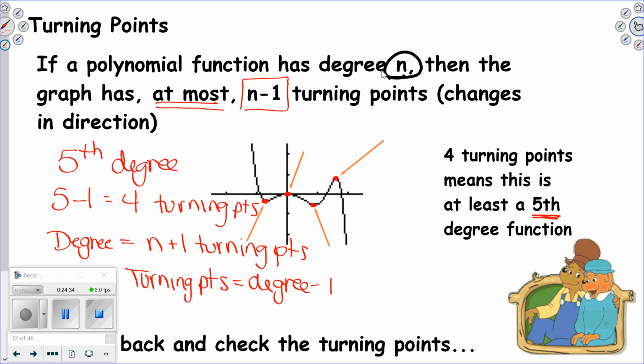If I tell you the degree, just subtract 1 from that, and I can tell you how many turning points it could have. Because you guys graphed x to the 6th.